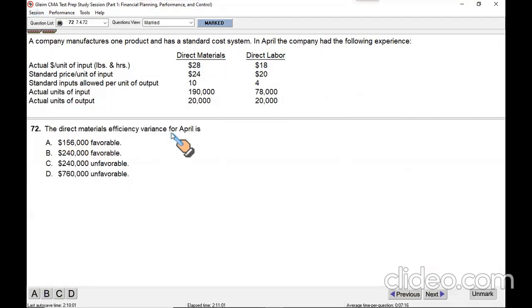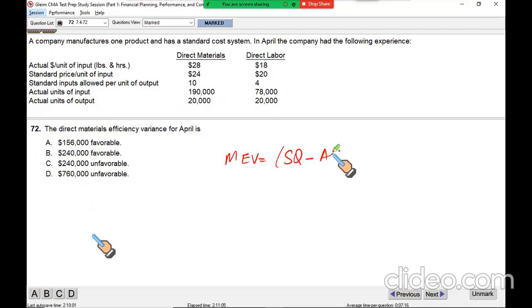Same question, but this time we need material efficiency variance. For this, we have the formula: material efficiency variance, usage quantity variance, is equal to standard quantity minus actual quantity into standard price. Do we have standard quantity? Yes.